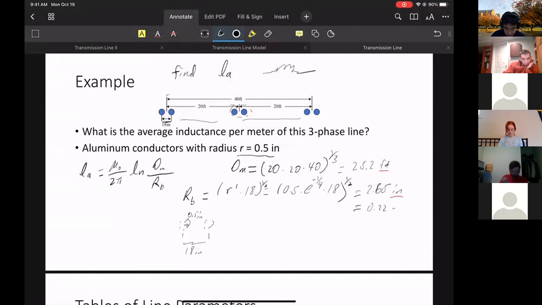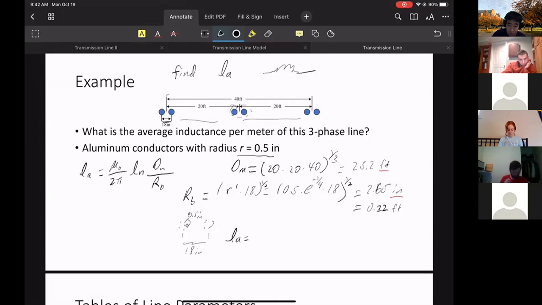So this is 0.22 feet. If one is in inches, then make the other one also in inches, or vice versa. Just be consistent with the units we're using in the system. This is actually the source of a lot of mistakes on homeworks or in exams, so there's something you need to double check. And unfortunately, you do see this kind of standard varying all over the place, especially because the US and Canada are one big electrical system, but they use different units. So sometimes this causes problems, so it's something to be mindful of.